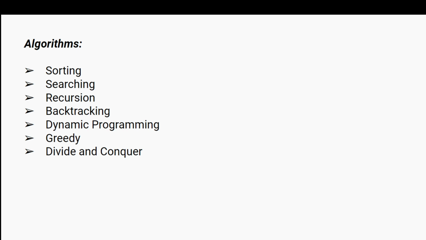Recursion is a thinking process, like how the input goes into the function. There's backtracking, dynamic programming, greedy, divide and conquer. We will cover all of these algorithms at some point over the course of the next several weeks, and we will see at least 1 or 2 problems or maybe more on each of these topics.